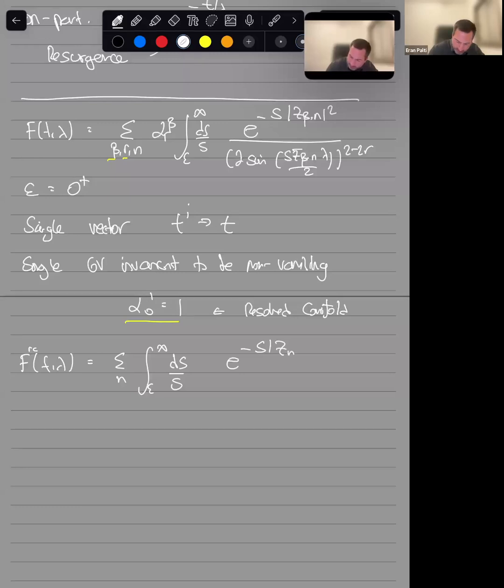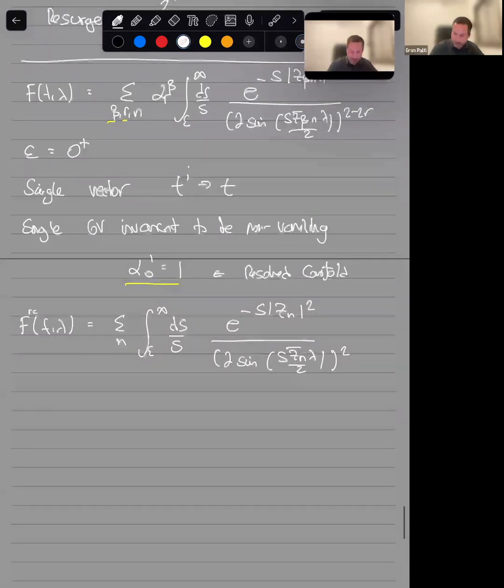So it's just a sum over n of 1 over n squared, 2 sine of s z bar n lambda over 2, squared, where Z_n is just t plus 2 pi i n. Are there any questions about this? So it's just a very simple restriction for this setting.